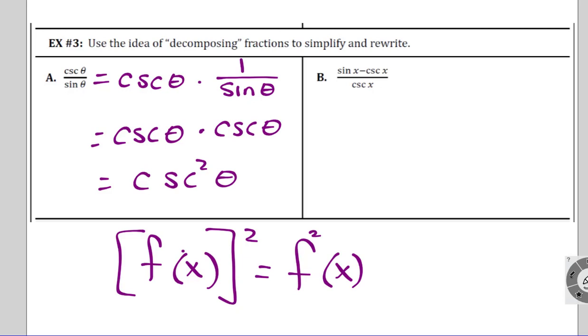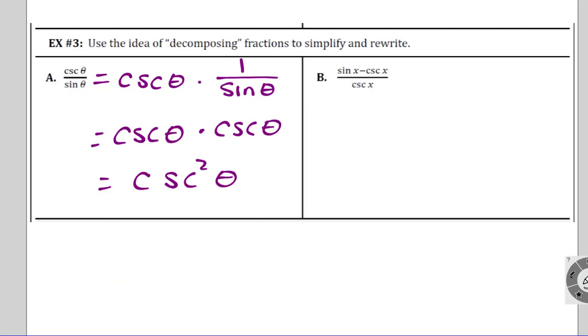It's the cosecant, what we get out of it, that's being squared, not the theta. Okay? So cosecant squared theta. All right, very good.